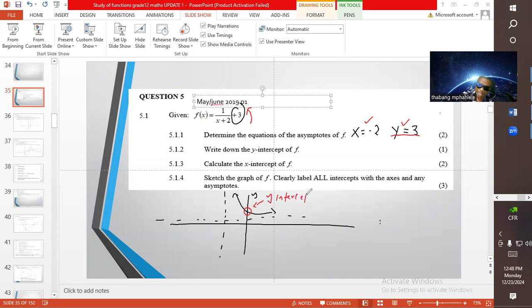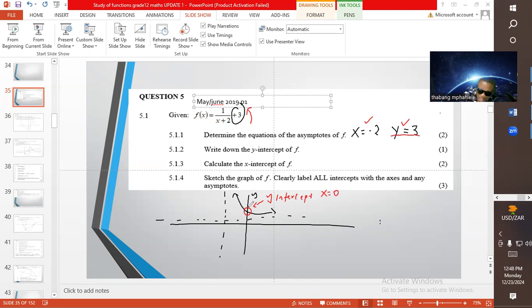So the examiner here wants to know the y-cut of the graph. On which value of y will the graph pass at the y-axis? Now you recall that at any point on the y-axis, or on the y-cut of the graph, the x-coordinate is always zero.